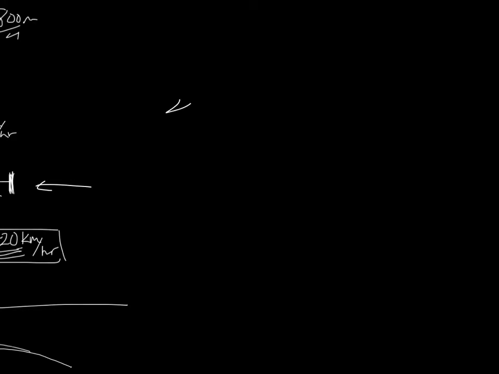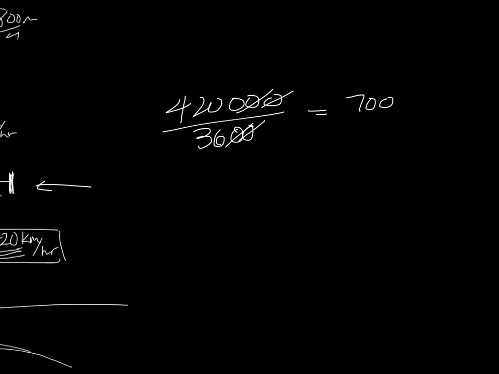Next thing is convert 420 kilometers per hour to meters per second. Not so bad. Divide both by 6. That's going to be what? 700 over 6. Okay, and then now it's just algebra. 400 equals 700 over 6 times time.